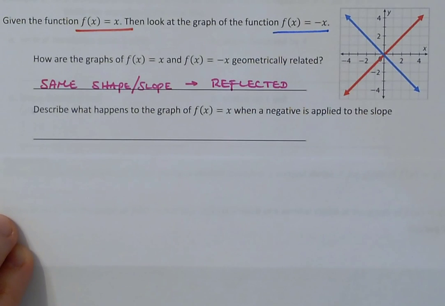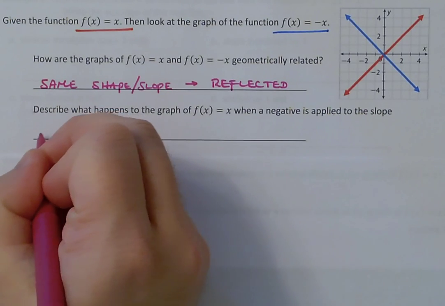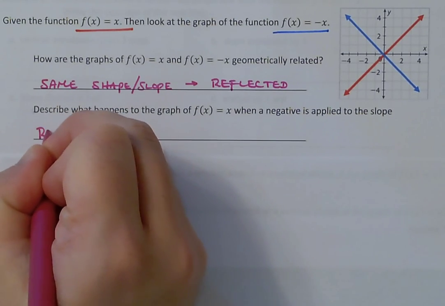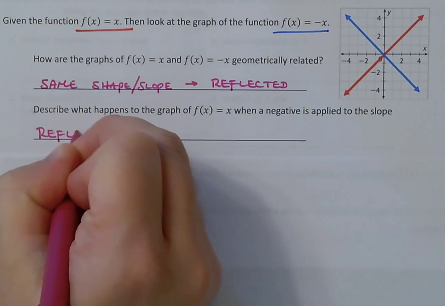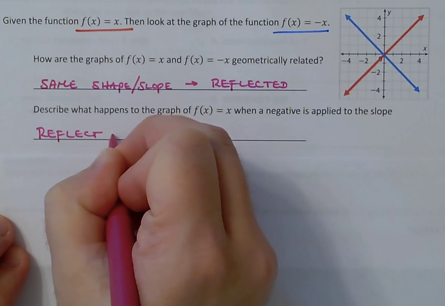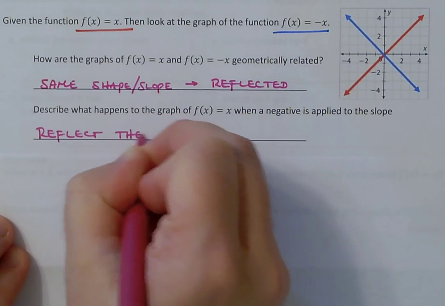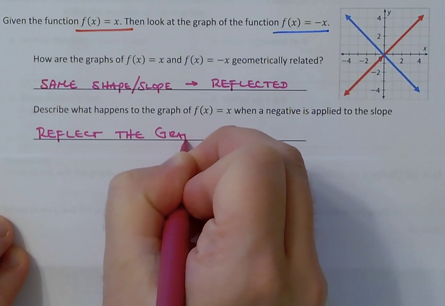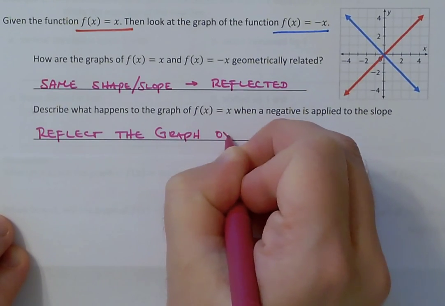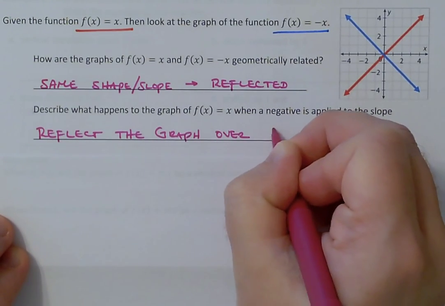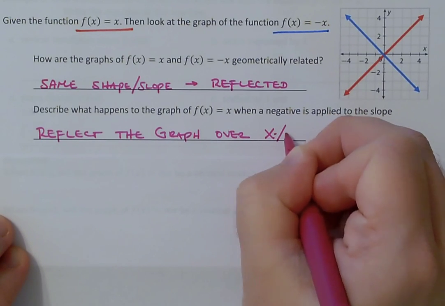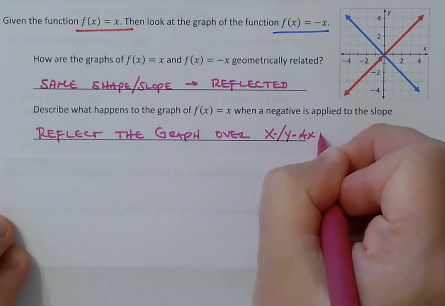So describe what happens to the graph of f of x equals x when a negative is applied to the slope. Well, it's going to reflect the graph over the x and y axis.